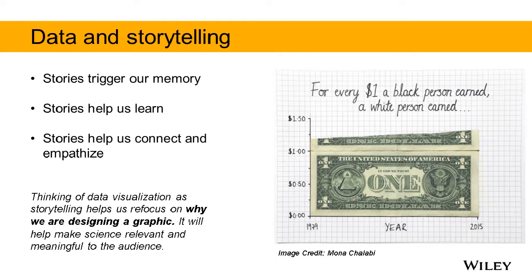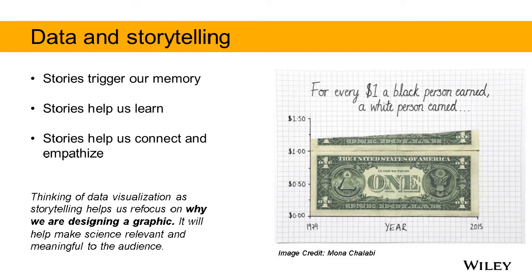A good data storyteller begins with their audience and then thinks about the key message that they're trying to tell, what they want to achieve, what their audience cares about, and what the big idea is. They have to think about what the audience needs to know and what they need to do. And storytelling can make our research relevant and meaningful to that audience. And because we've used storytelling tools, they can empathize more with the people behind the data or the impact that the data might have on the lives of their neighbors or their communities.